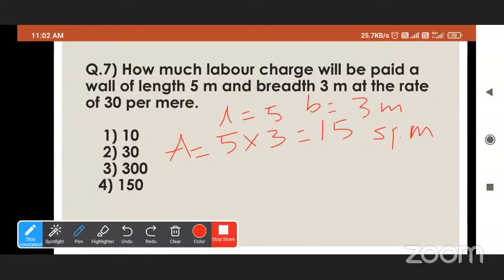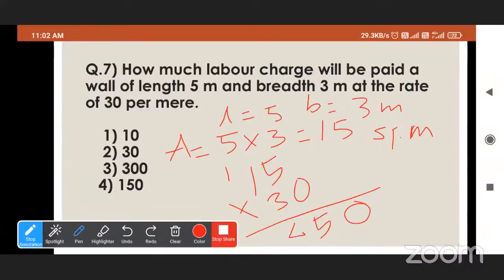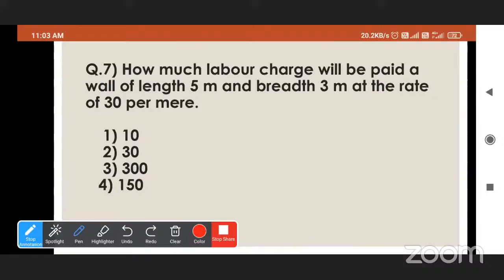So for 15 square meters we have to multiply 15 by 30 to get the answer. 5 threes are 15, 3 ones are 3, plus 6... 15 multiplied by.